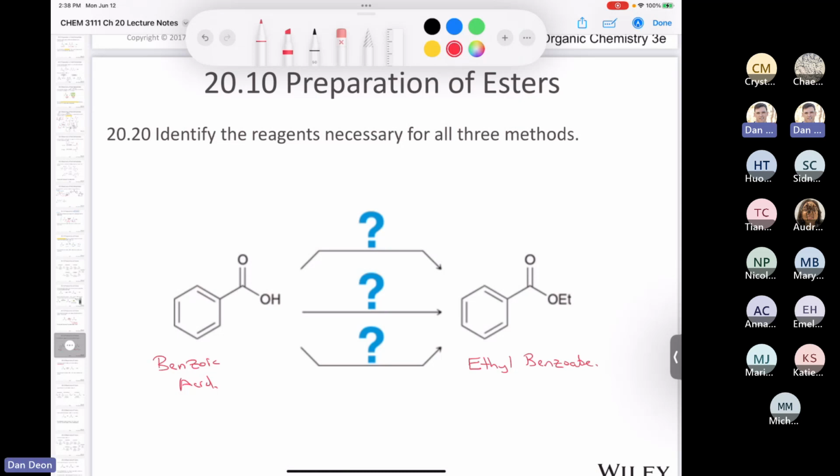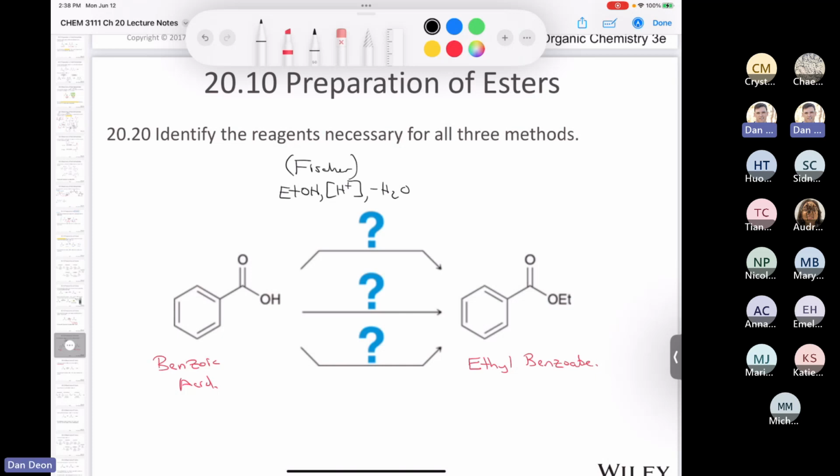How would you make ethyl benzoate? 3 possibilities. One would be Fischer. Yeah, you could do the Fischer reaction. So if we did Fischer esterification, we would need ethanol. We would need an acid catalyst, so a strong acid, and you would lose water. So that would be Fischer.